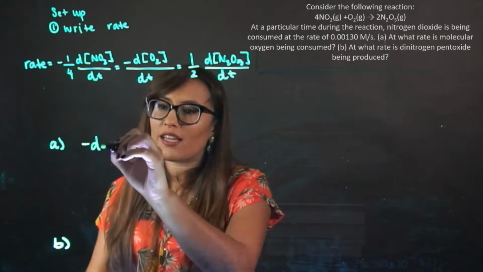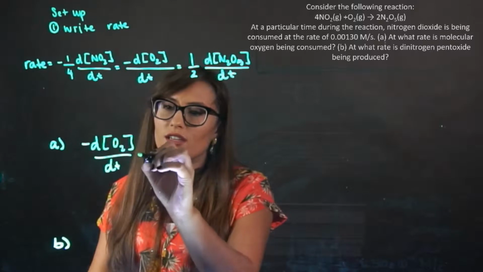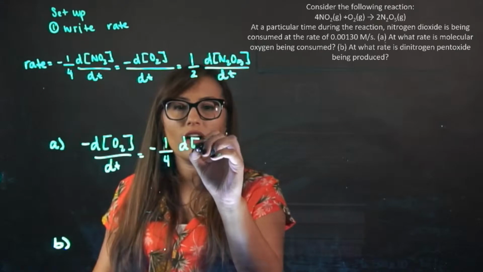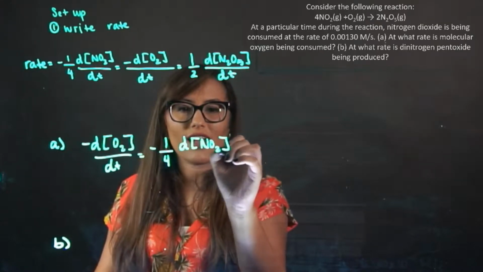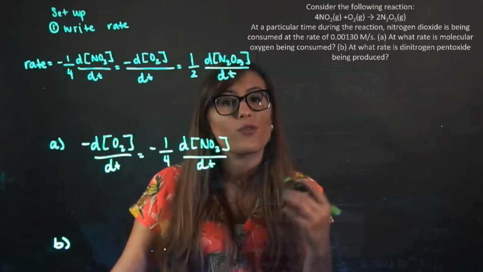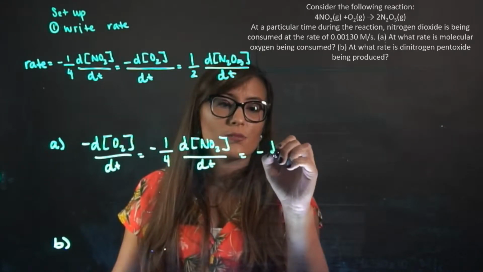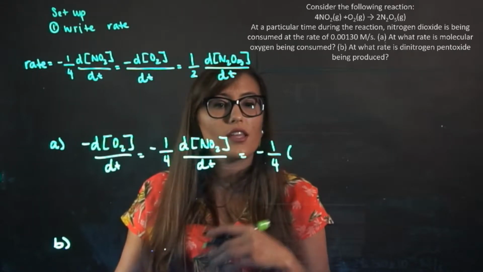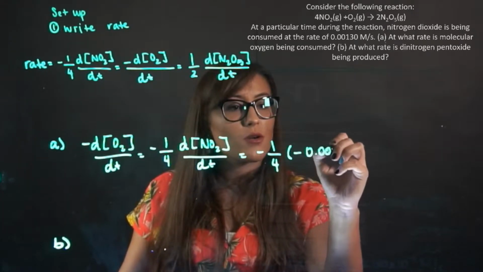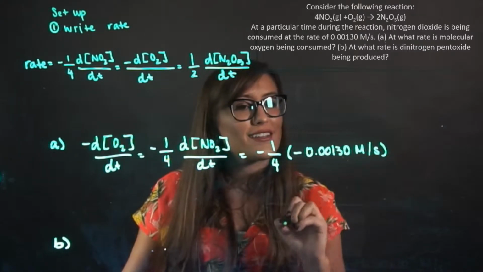So we have negative rate of consumption of oxygen is equal to the negative 1/4 rate of consumption of nitrogen dioxide. And in this problem, they give us the consumption rate of nitrogen dioxide. And so all we're going to do is plug into this expression the value at which nitrogen dioxide is being consumed, which is 0.00130 molarity per second.